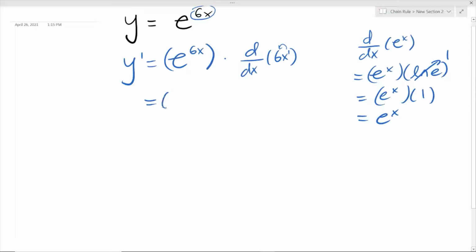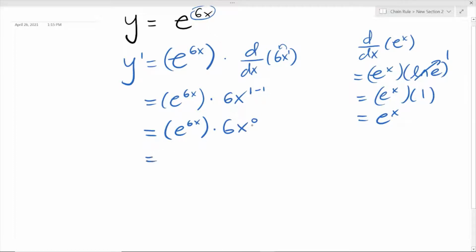So let's just copy this, e to the exponent of 6x times, and then we have to find a derivative of this, so 1 times 6 is going to be 6, right? So 6 and then x, okay? This is to the exponent of 1, and we must subtract 1 from that, okay, using power rule, and this is simply going to give e to the exponent of 6x times 6 times x to the exponent of 0, right? 1 minus 1, 0.